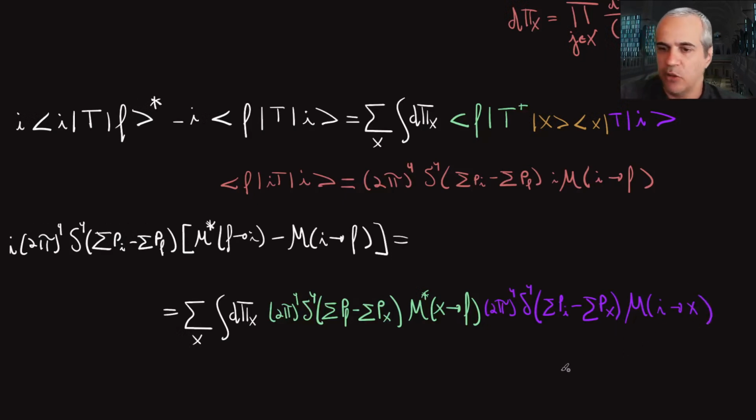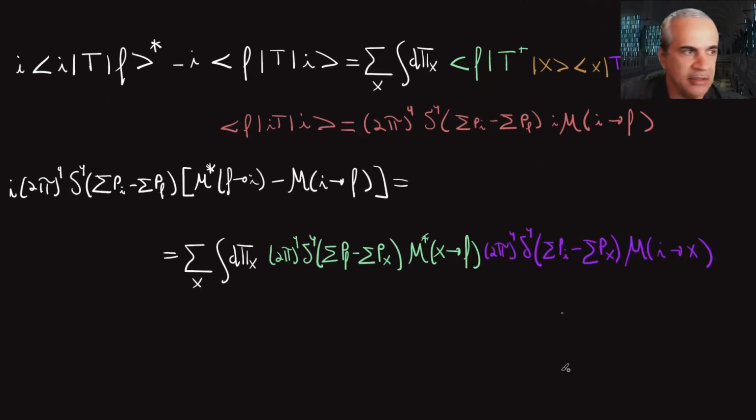No, that's fine. So now I can simplify stuff a little bit, right? These Dirac deltas, one imposes something on the other one. I'm integrating over the momenta x, but this total sum is fixed by this delta. So I can just replace, say, on this one, p_x by p_i because this is imposed by the other delta.